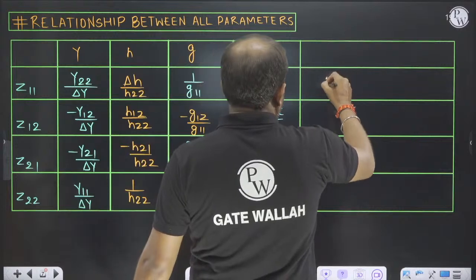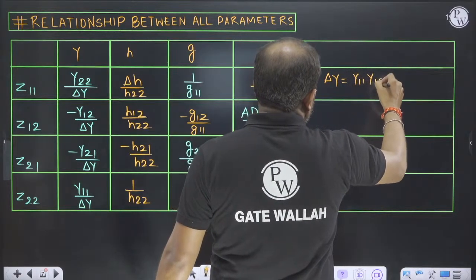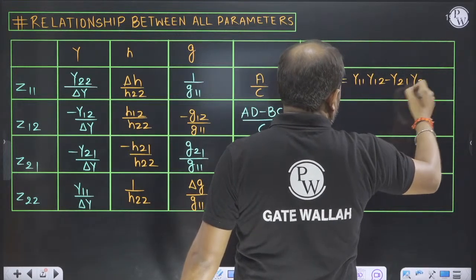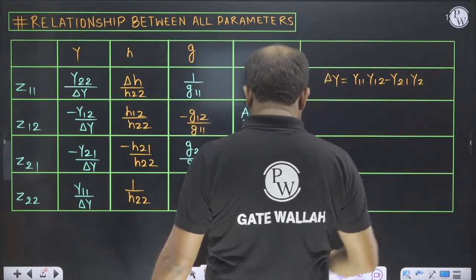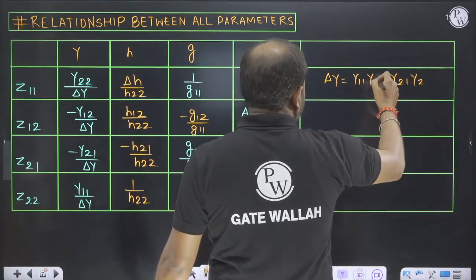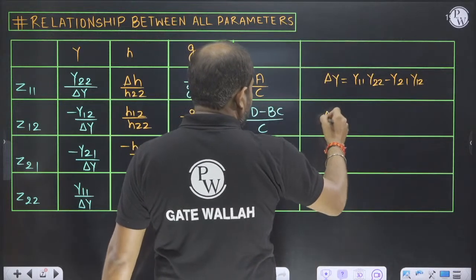What is delta Y? Delta Y is Y11 Y22 minus Y21 Y12.